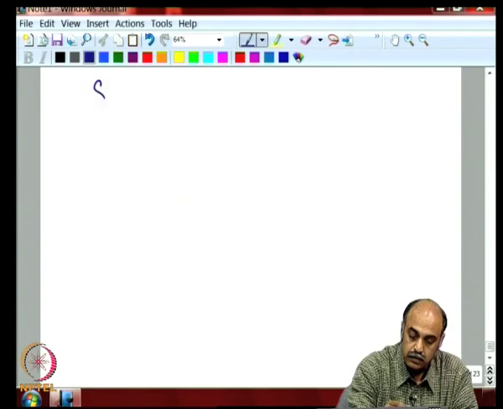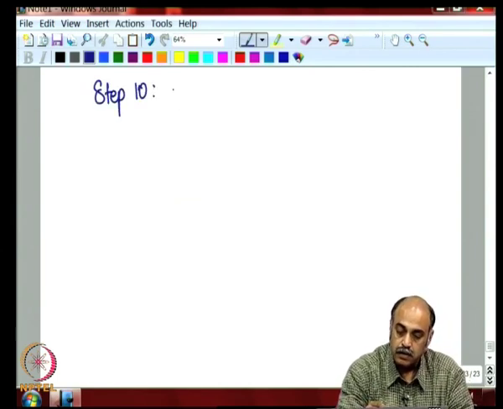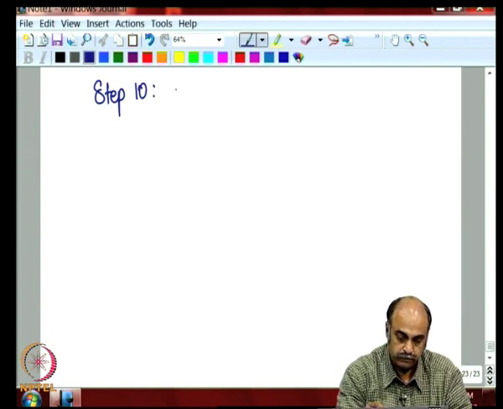In step 10 is the rating of the switches, that is power semiconductor switches.